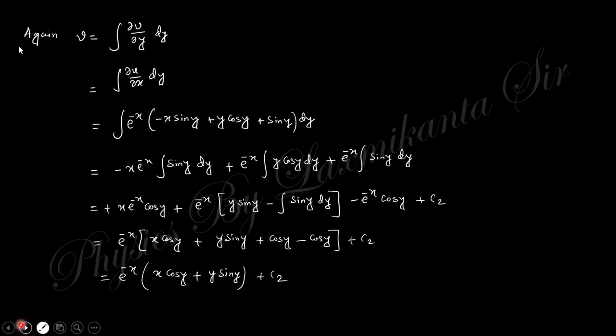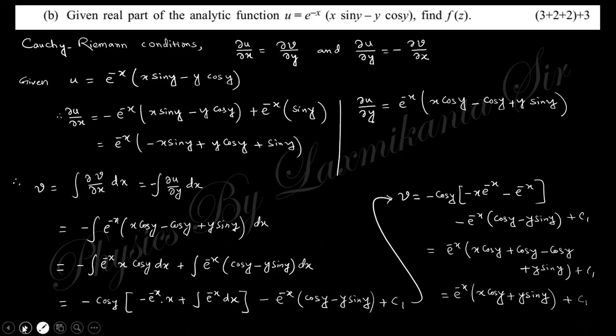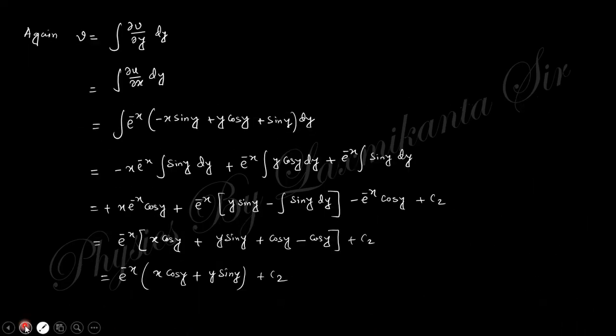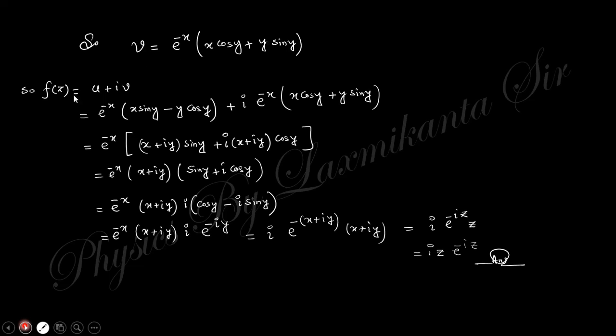And again, if you integrate v with the other relation, you will get this one, and one can say these two are equal. So finally the v is given here. So f of z is u plus iv. Just putting this value and rearranging them, you will get this, i z e to the power minus i z. Okay. So you just check these things. I think you can understand the process.